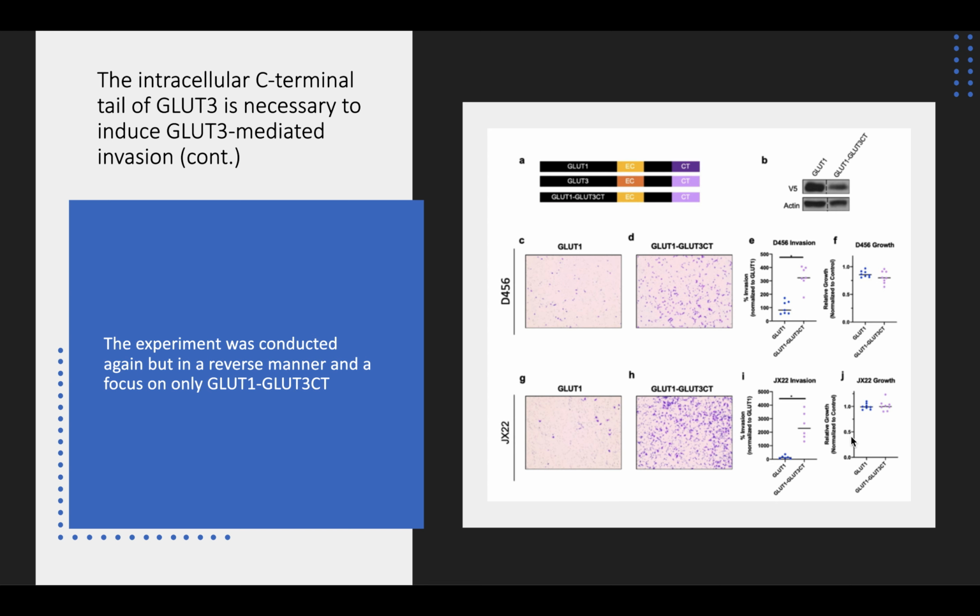The y-axis represents relative growth normalized to control, and the x-axis represents GLUT1 and GLUT1 GLUT3 CT, and one may notice that there's little to no growth.